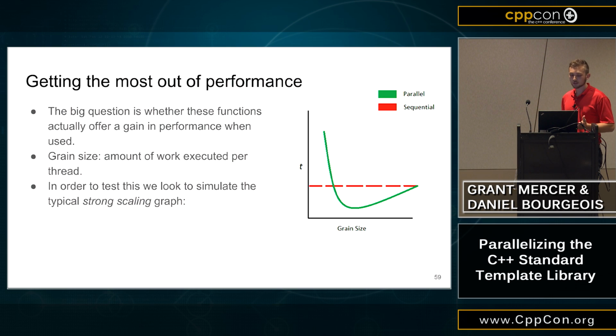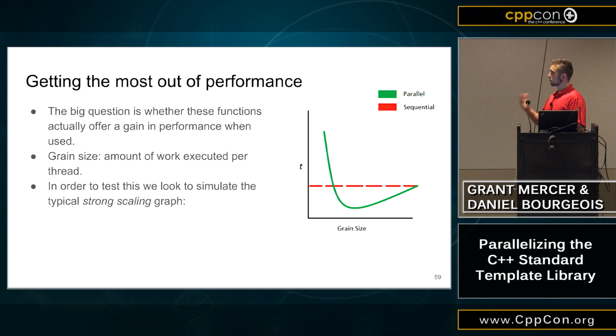So in order to get the most out of performance, we wanted to see the typical strong scaling graph. What this means is that on the x-axis, you have a grain size, and on the y-axis, you have a time scale. The grain size means the amount of work you're putting on each thread. If you have a really small grain size, that means you're creating a lot of threads and not putting enough work on them.